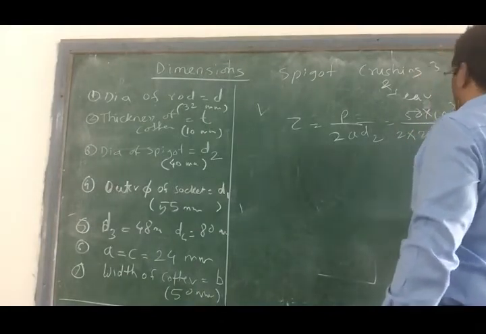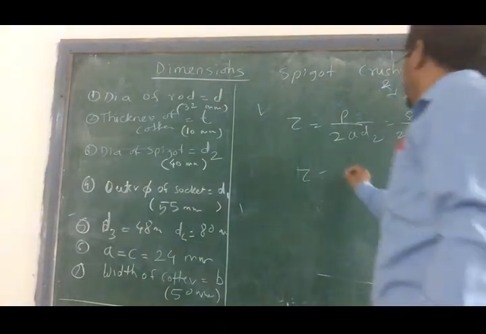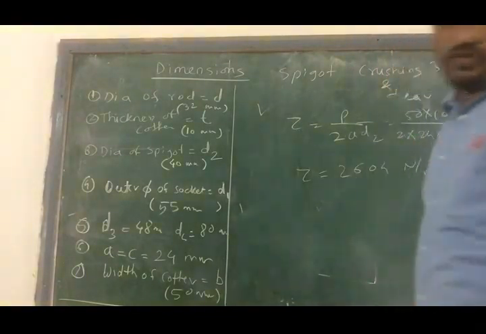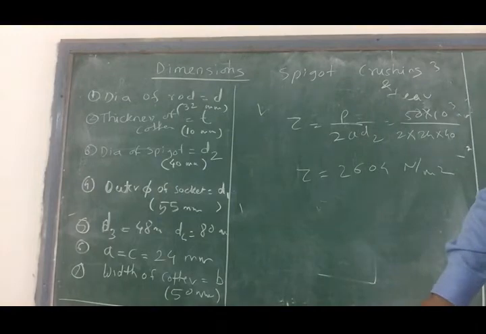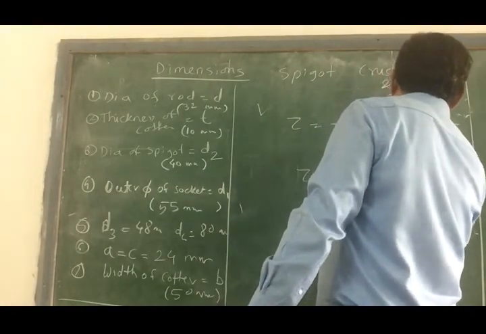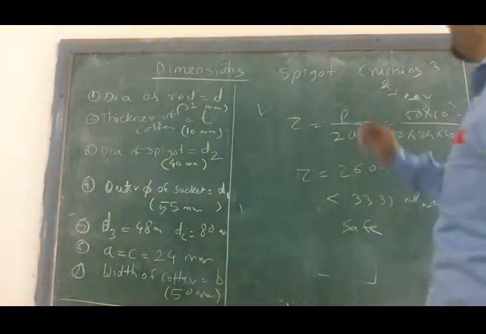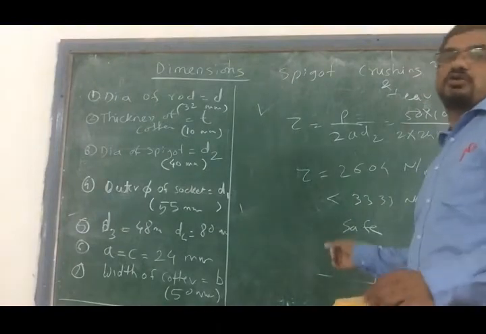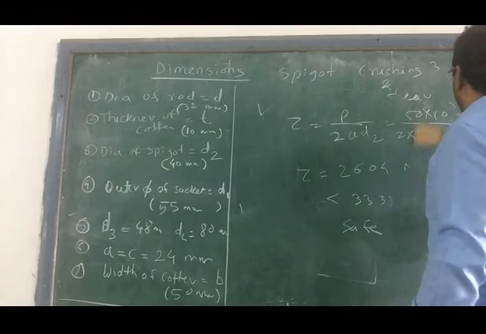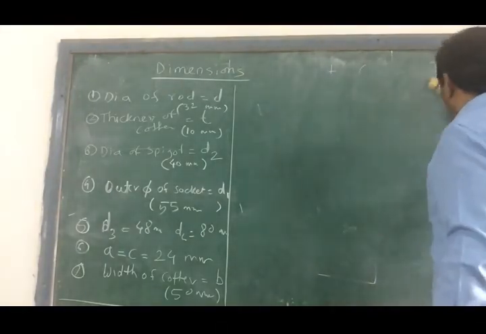So with this, the shear stress tau we will get is 26.04. What is the limiting stress? For a spigot, the limiting shear stress was 33. It is less than 33 Newton per mm square. So our design is safe for the shear. The spigot will not fail because of the shear or because of the crushing. It will not fail because of either of those two. Okay. So this is the way we will see whether it will fail for different criteria.